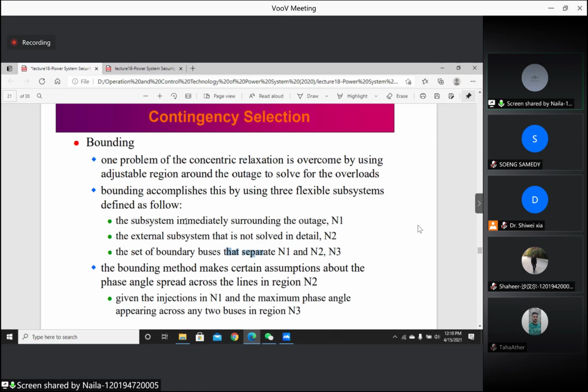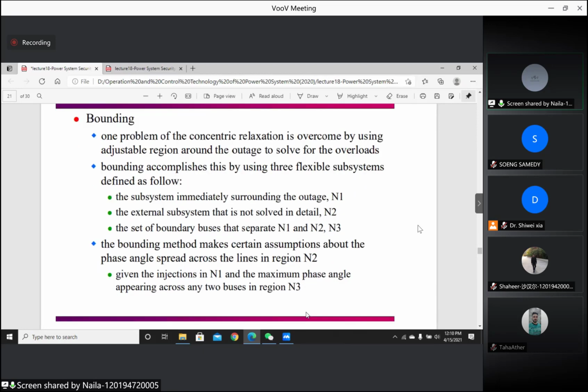So this is the bounding technique, and to implement it we have to make certain assumptions about the phase angle spread across the line in region N2 with injection in N1, and the maximum phase angle appearing across any two buses in region N3. These are the assumptions needed to implement the bounding technique.